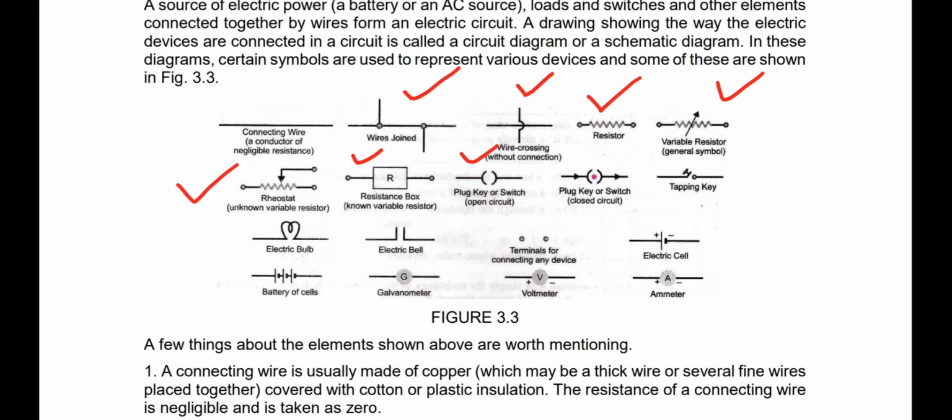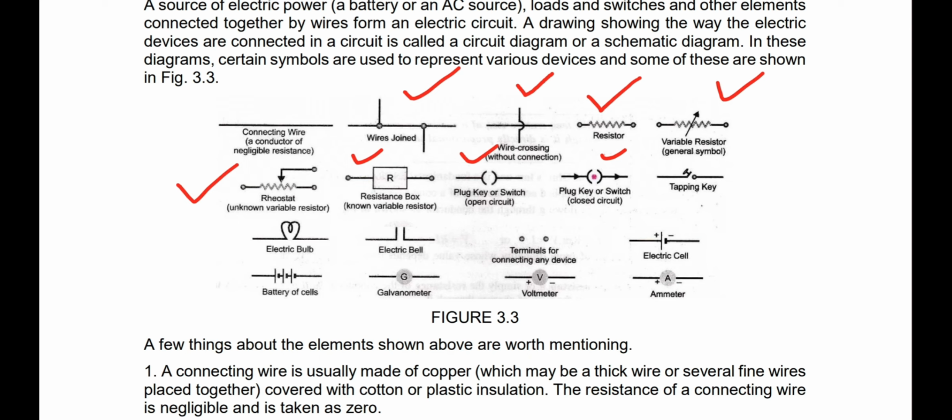Whenever there is an open circuit, there is no net flow of charge or current in the circuit. In the next symbol, the two brackets with a dot in between them show that the circuit is complete.